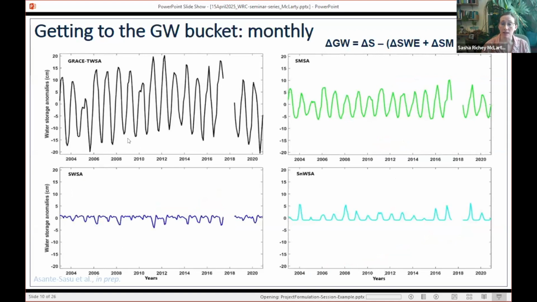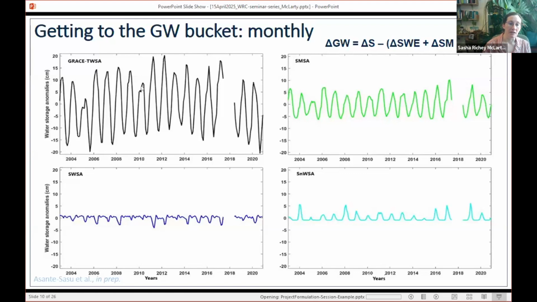This is what GRACE data look like. So this is the basin average water storage anomaly of GRACE. And so you can see a clear seasonal pattern where we have increases in water storage in winter and decreases in the summer, as we would expect. We see a little dip in 2005 associated with the drought.